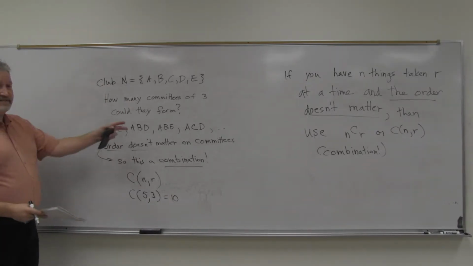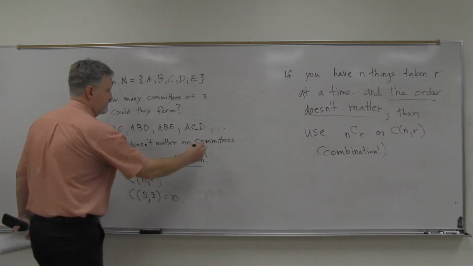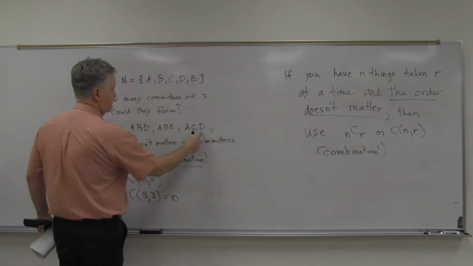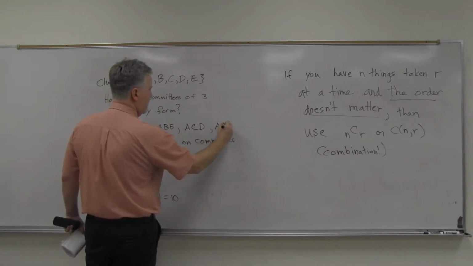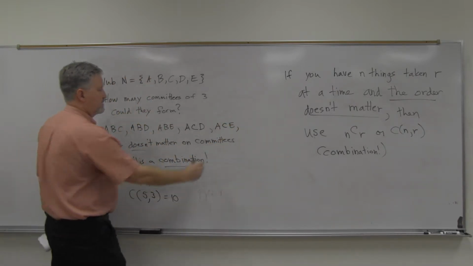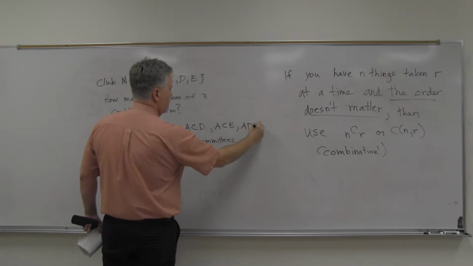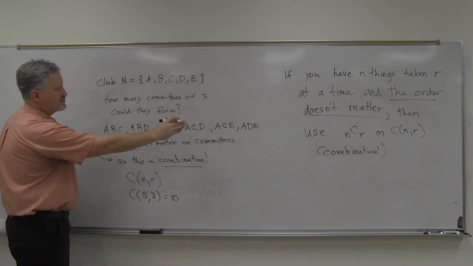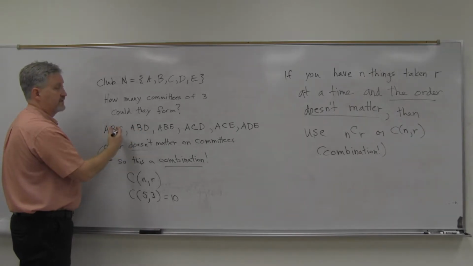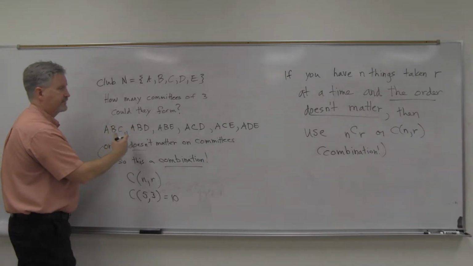So if I was going to list these all out, let's finish our list. I did ABC, ABD, ABE, ACD. Then I could do ACE, then ADE. I had to have at least one different member, a different person, to be a different committee.